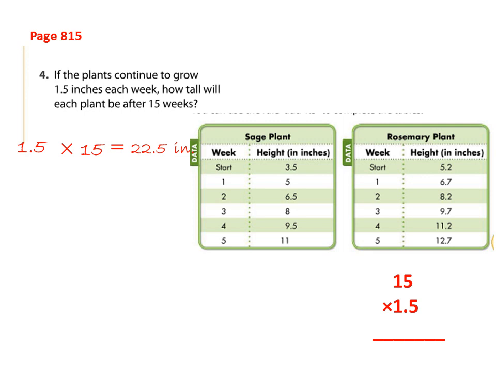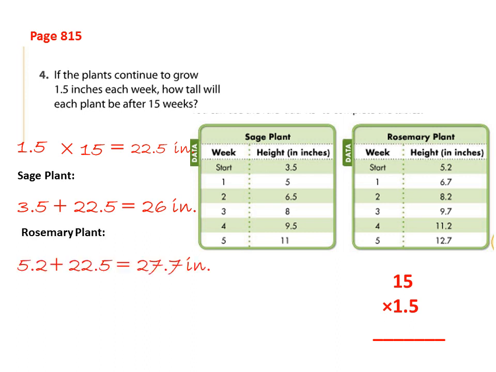Now, for the sage plant, the initial value is 3.5, so 3.5 plus 22.5, it will be 26 inches. For the rosemary, the initial value is 5.2, so begin with 5.2 and add 22.5 more, so it will be 27.7 inches. Are you happy with this? Yes? Go to question 5 now.